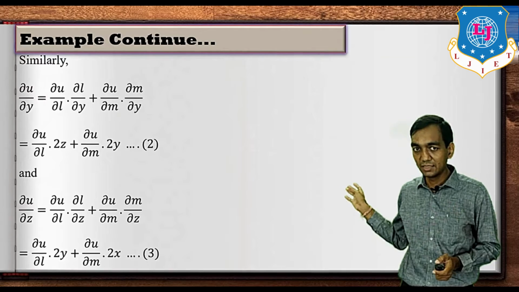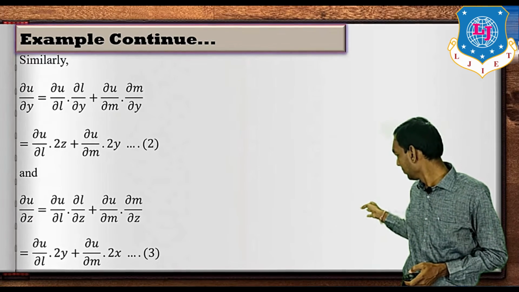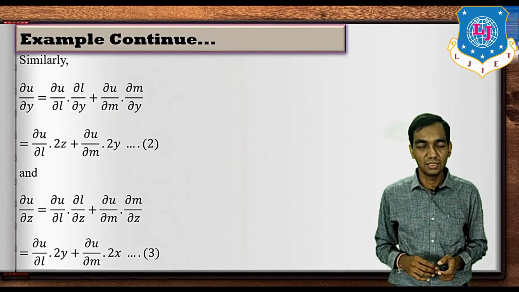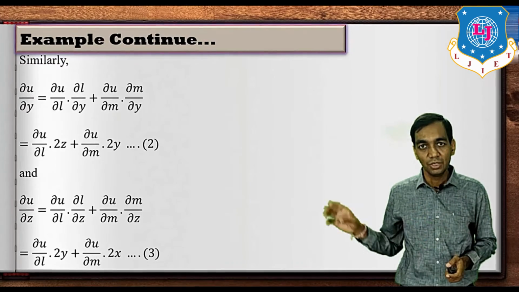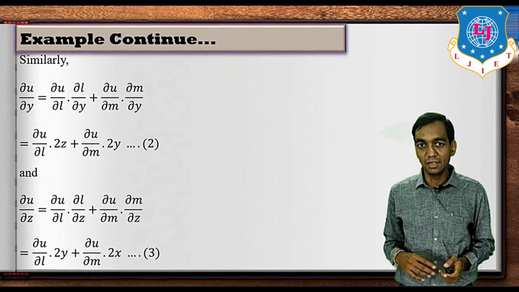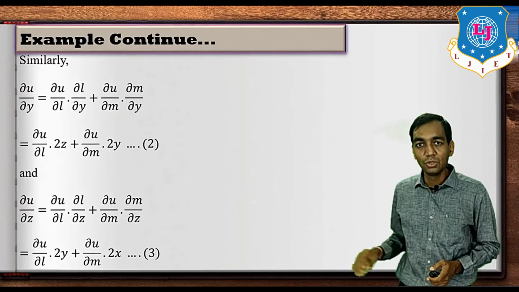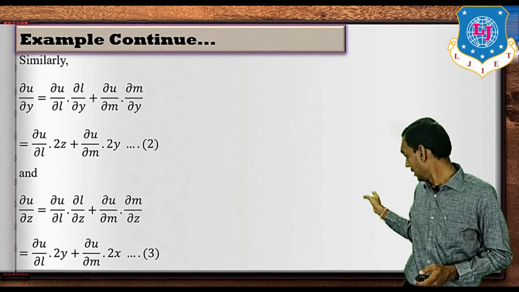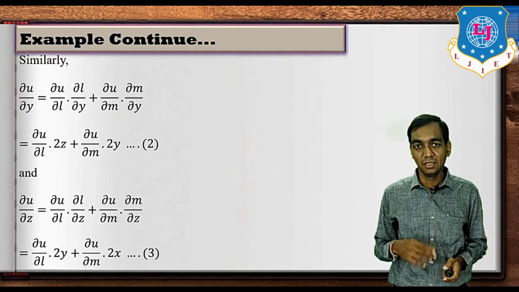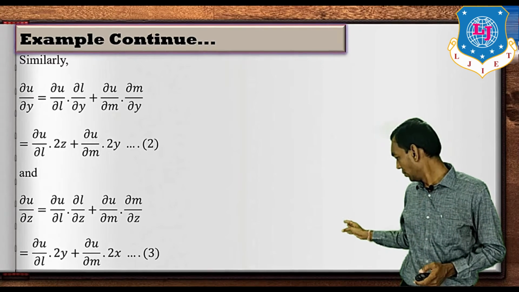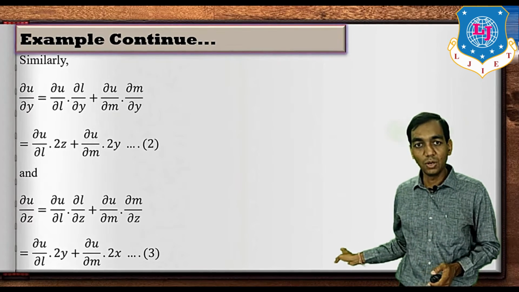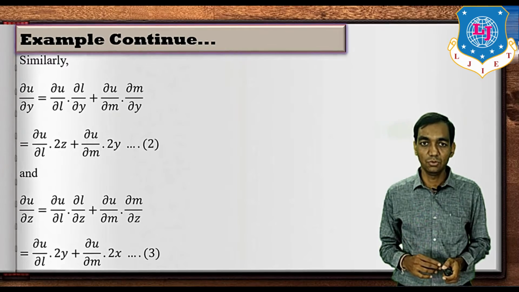In the same manner, del u by del z will be del u by del L into del L by del z plus del u by del M into del M by del z. And del L by del z has a value 2y, del M by del z has a value 2x. So you have del u by del L into 2y plus del u by del M into 2x.